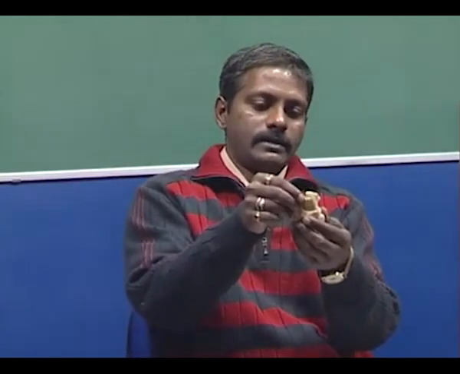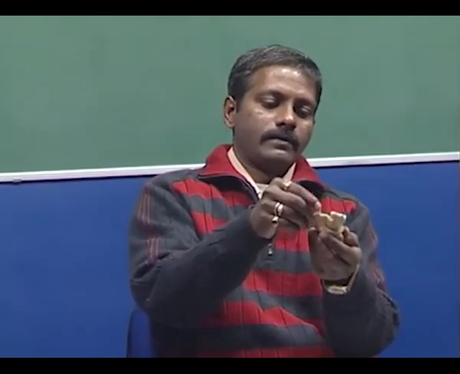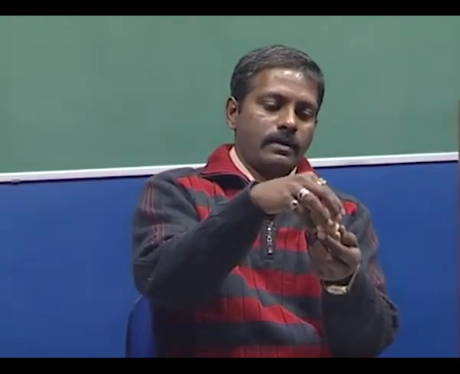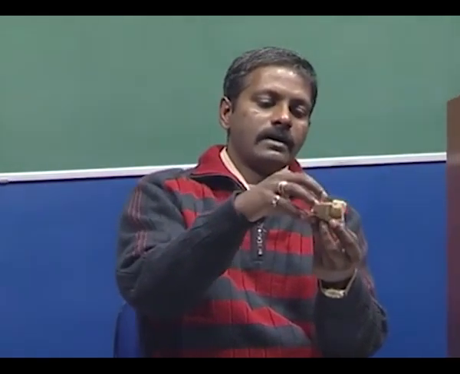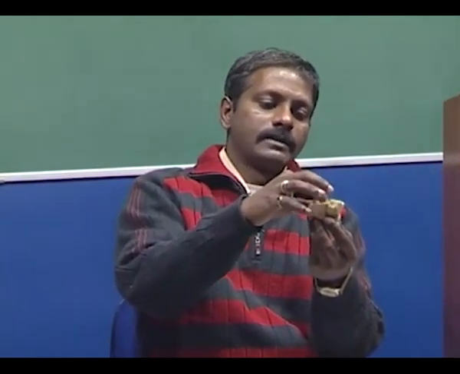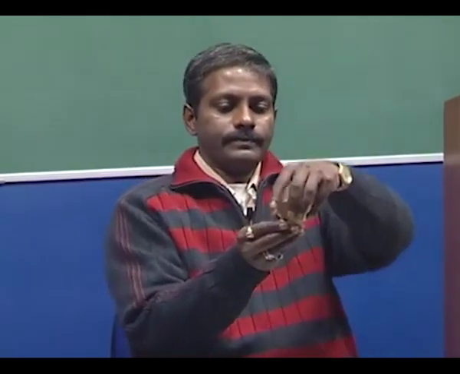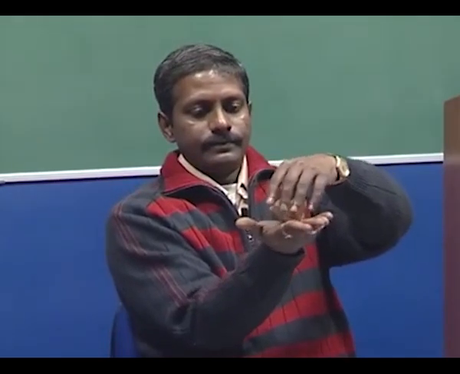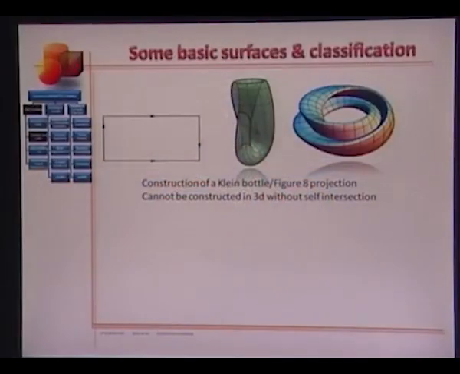This solid looks like a Klein bottle. Not as good as the figure that you see on the slide, but good enough for us to understand the construction. Note that the Klein bottle or the figure 8 projection cannot be constructed in 3 dimensions without self-intersection.